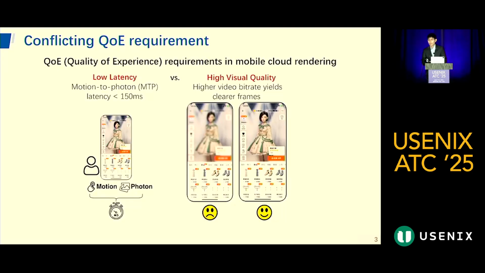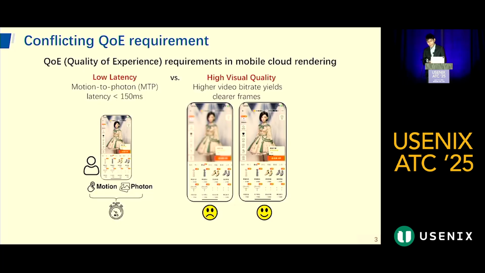The user's quality of experience in cloud rendering depends on a fundamental trade-off between two conflicting goals. On one hand, we need low latency. The motion-to-photon latency, which means from a user's action to the visual feedback, needs to be very low. Typically, it should be under 150 milliseconds to feel responsive.